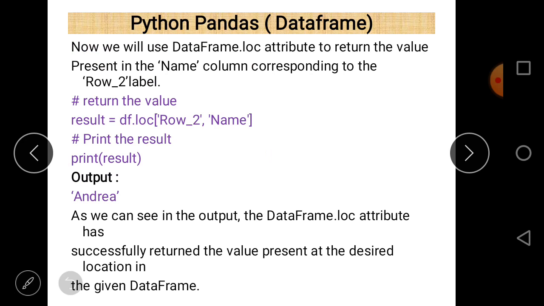If you want to pass values in the loc attribute, first write the name of the row and then the name of the column.